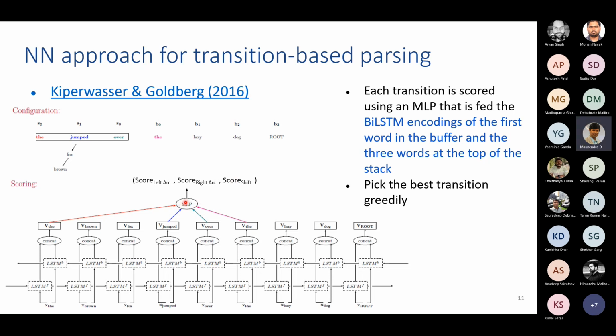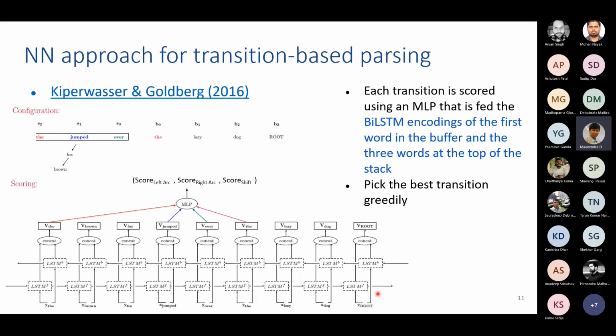So the question is, what would be the inputs to this MLP? Here, different possibilities exist, and this is what these people proposed in this paper. They said you take the input, the brown fox jumped over the lazy dog, and in the end, you also add something called root.